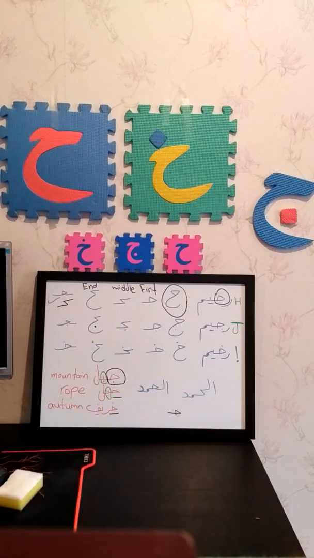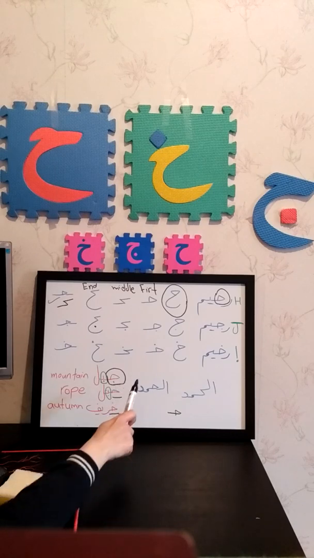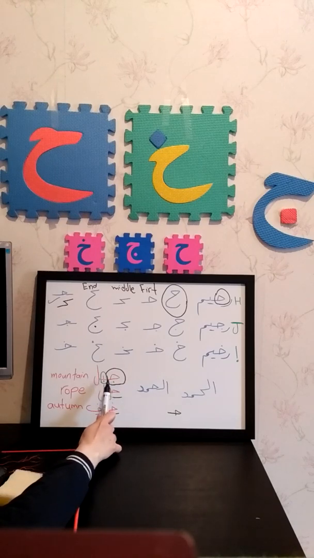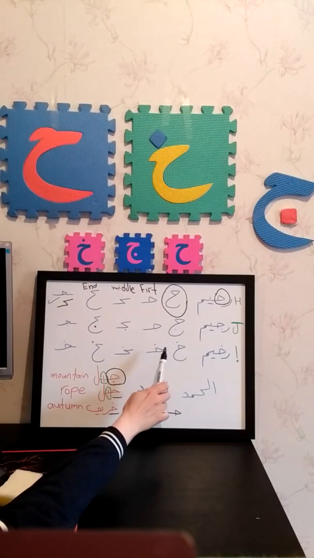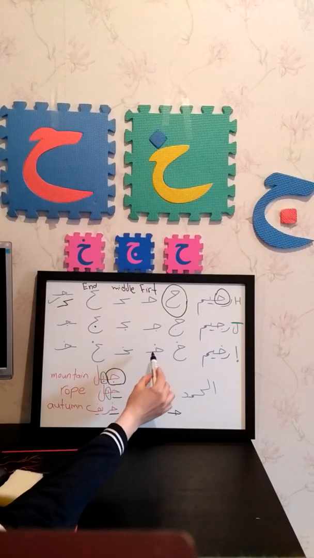Habil, jabal. Jim, Ha, Kha. When you begin a word with kha, you must write it like this.